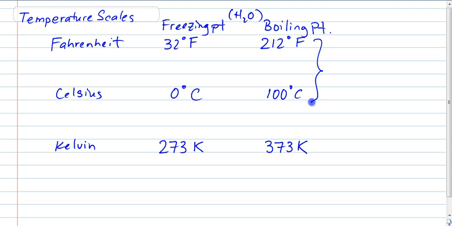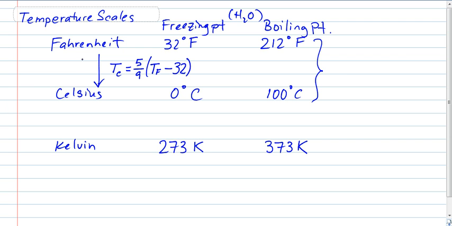If you look at the Fahrenheit and Celsius scales, there's a fairly simple way to convert between them. To go from Fahrenheit to Celsius, the temperature in Celsius is equal to 5/9 times the temperature in Fahrenheit minus 32.